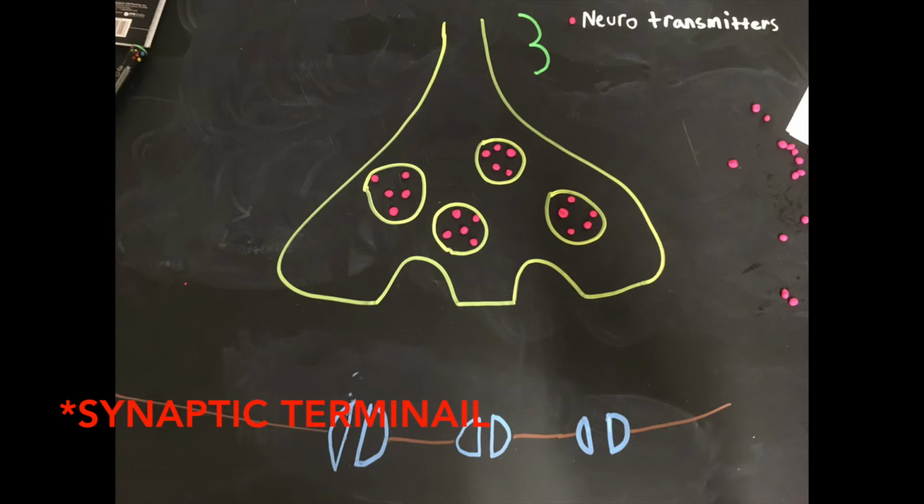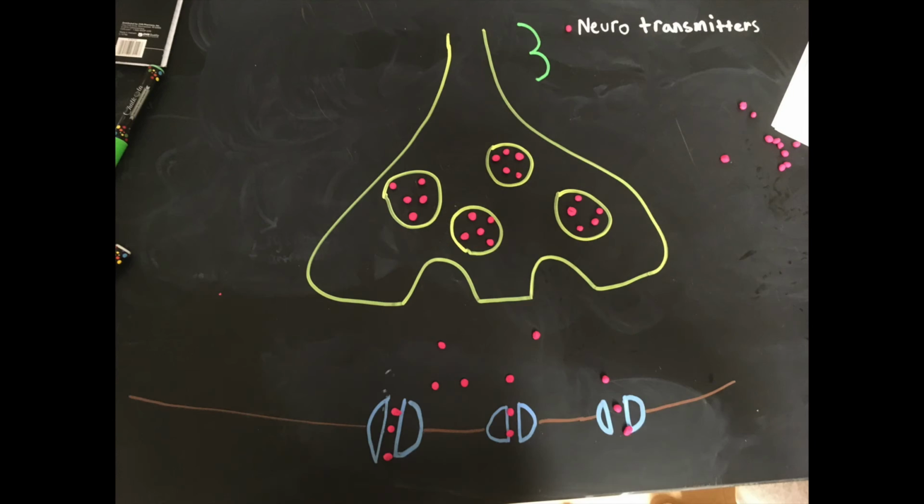So at this synaptic terminal, you can see the vesicles inside it, and the receiving cell at the bottom with its protein channels ready.